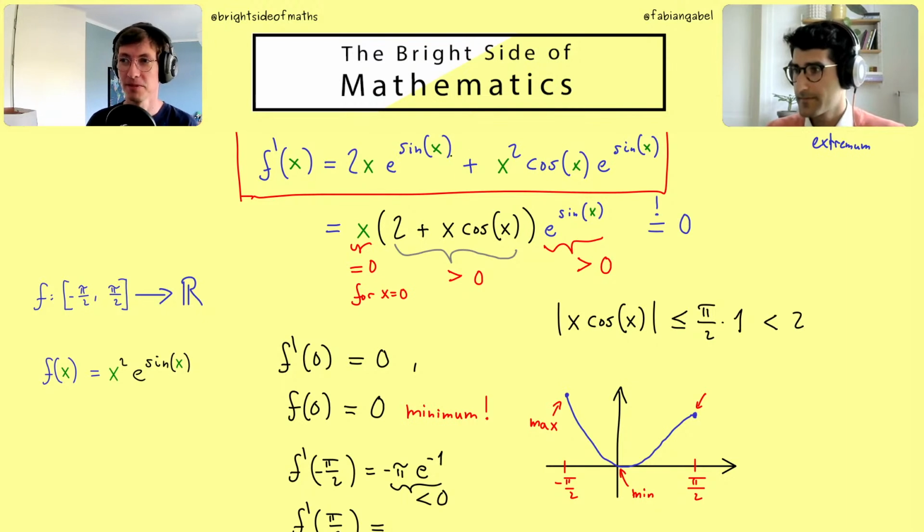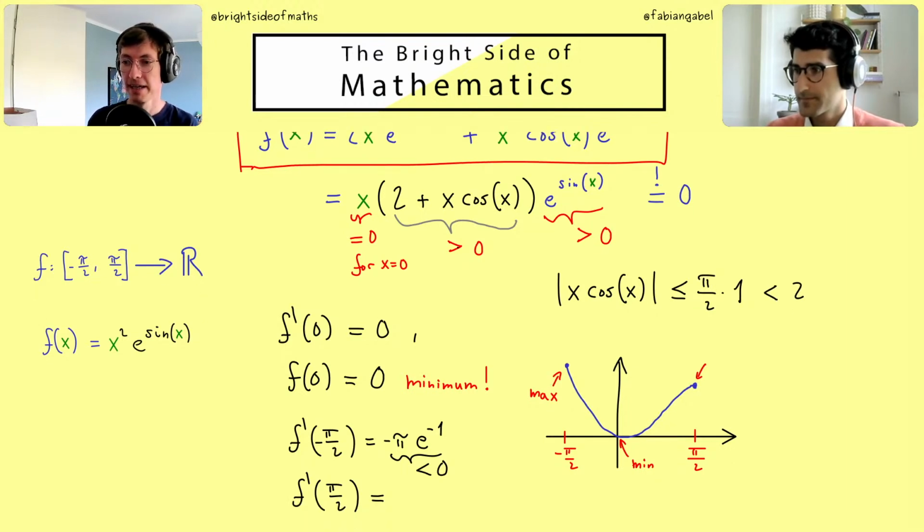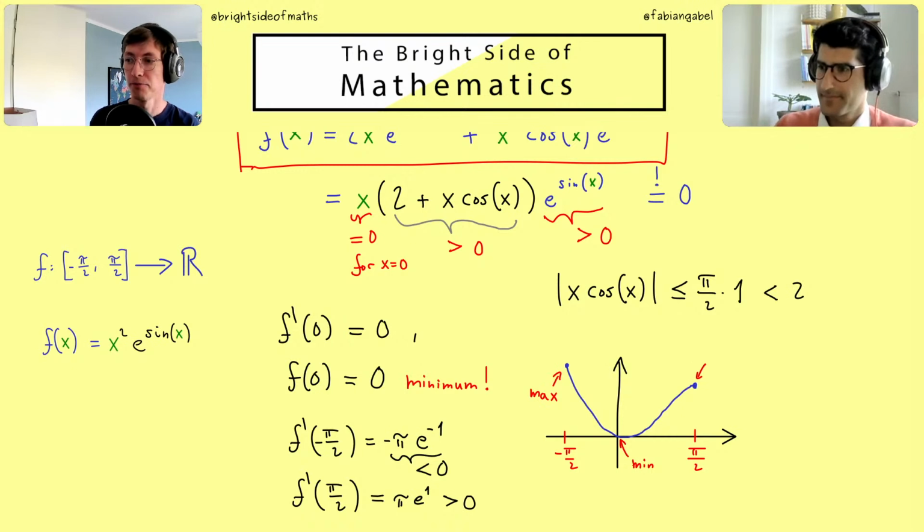So this will vanish anyway. So we still have the first term, and there we just have the opposite. We have pi e to the power 1, which is greater than 0. So exactly what we want on the right-hand side, because there, if we have a strictly increasing function, it goes to a local maximum at this point. So this is our maximum.